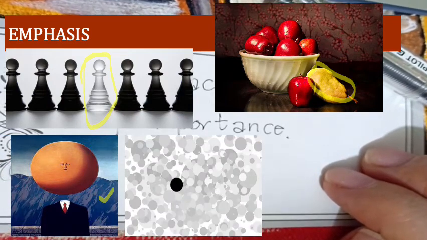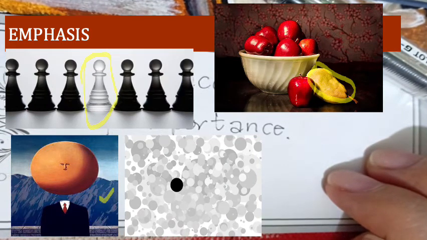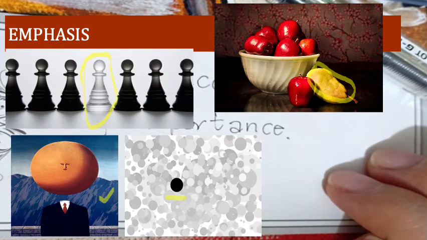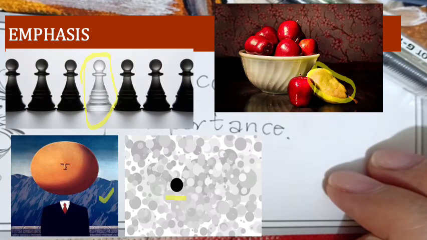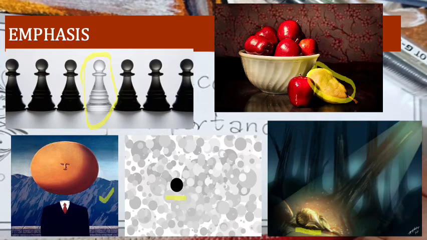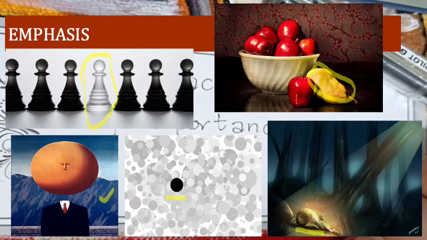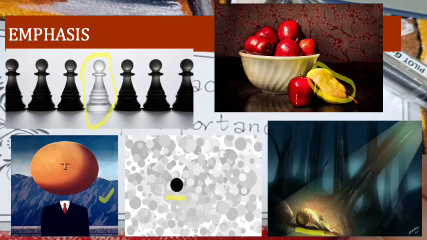And then we have the placement, no? How a particular object is placed within the composition to achieve emphasis. And then we have another here. It's still placement, how the object is placed, that which accentuates its importance.